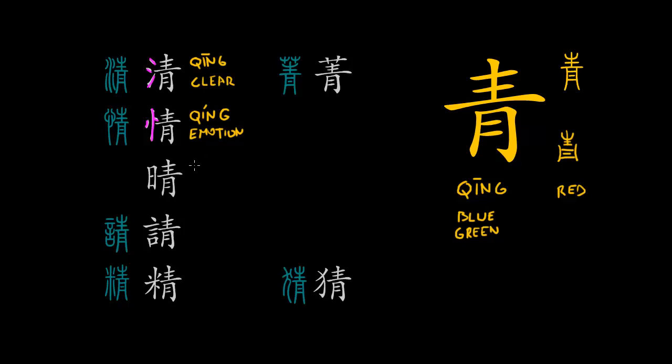The next character is pronounced Qing, again in the second tone, and it means skies after a rain, skies clearing up, weather that is getting better, or sunny weather, for instance, sunny. That probably would fit as well.